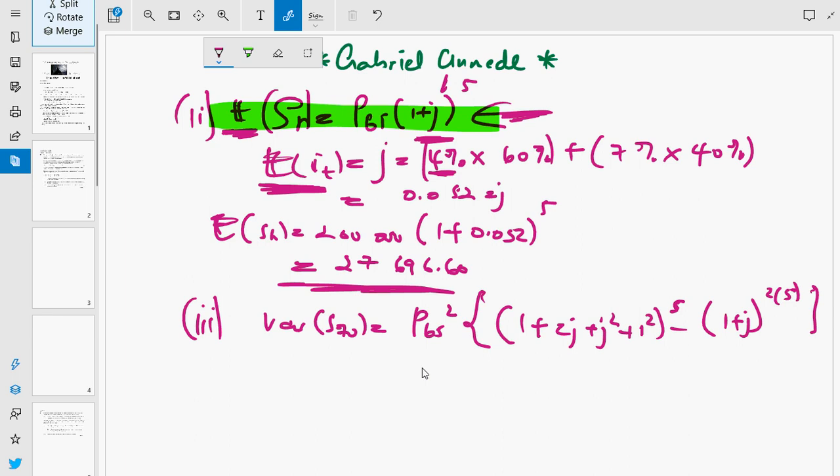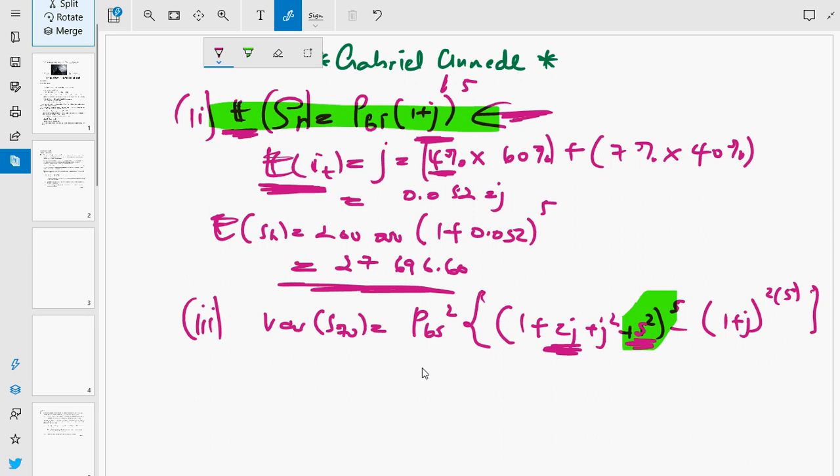Now from here, it's a matter of substitution. You have your j, but we are missing s squared, which is the variance of your returns, right?